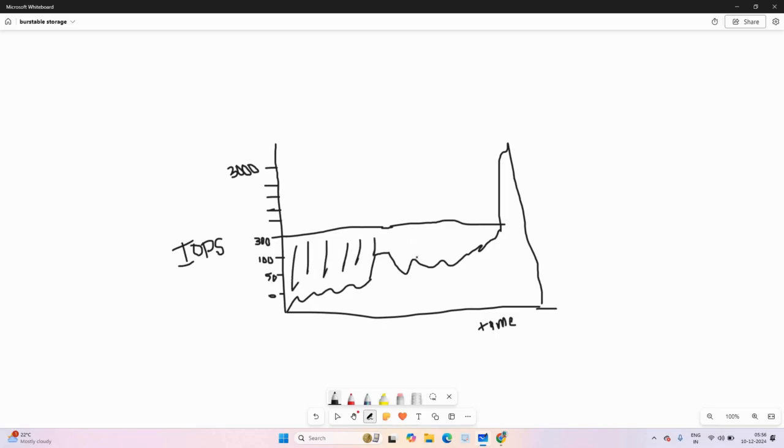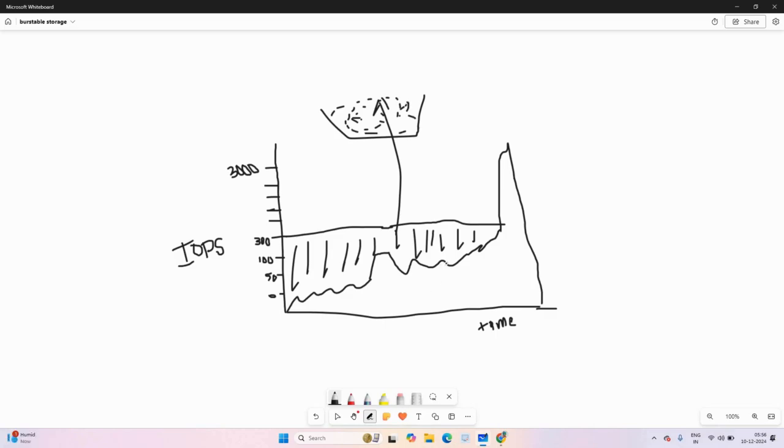So these are all the empty IOPS. The minimum is 100. If we set 300, it stores this unused IOPS, so this unused IOPS will be saved.